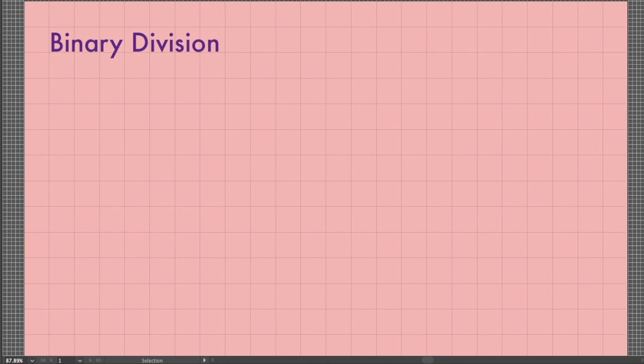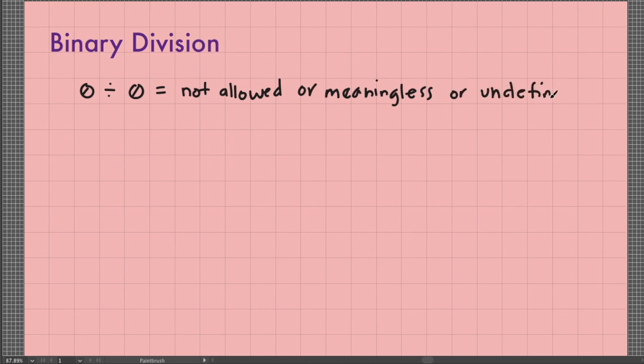Binary division is similar to the rules applied in the decimal number system. For example, bit 0 divided by bit 0, this operation, division by 0, is not allowed, or this is meaningless, or this is undefined.